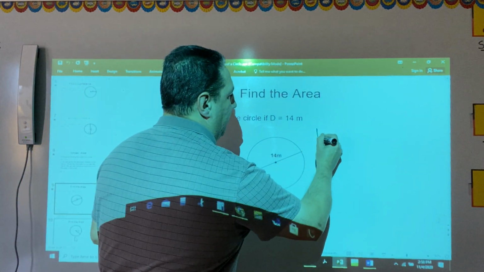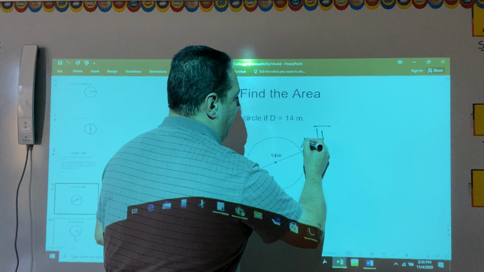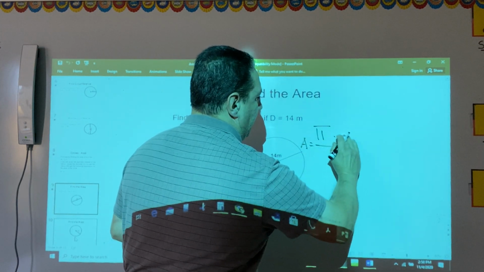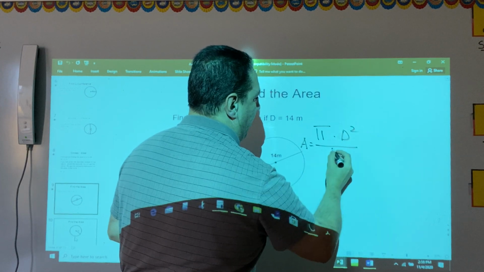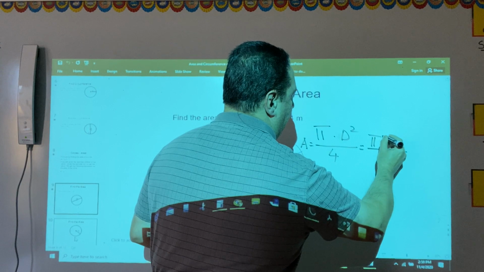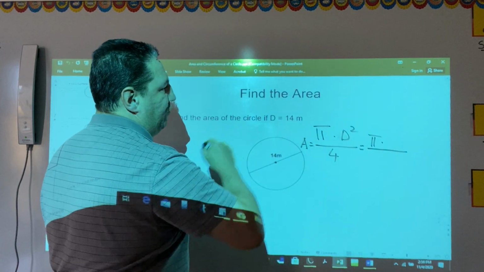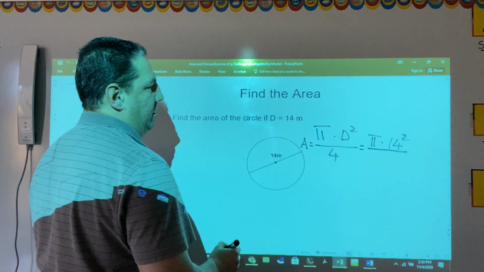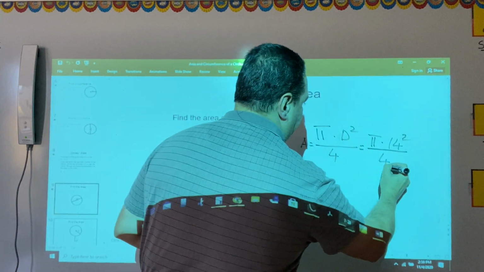So area equals pi times d squared over 4, which is pi times 14 squared divided by 4.